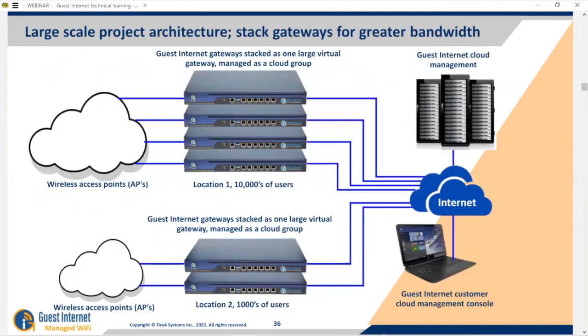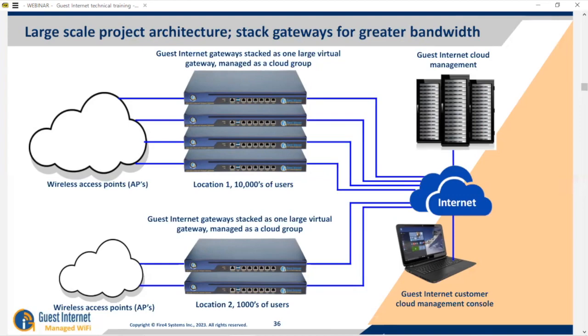The cloud service enables very high volume applications by stacking gateways. We have high performance gateways. We can build custom gateways up to 10 gigabit throughput. But quite often, our customers find that they can grow an installation by stacking gateways. And with the cloud group management feature, a stack of gateways can be managed exactly like one gateway.